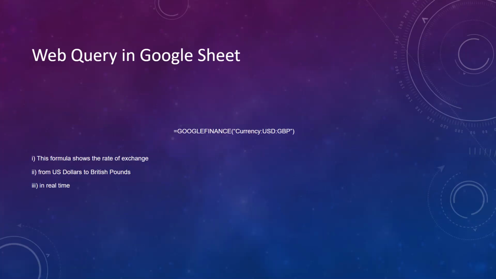Of course you can change the currency, for example from USD to EUR, and then you will get the currency converted from USD to Euro in real time, that is, you will get the latest updated figures from the market.